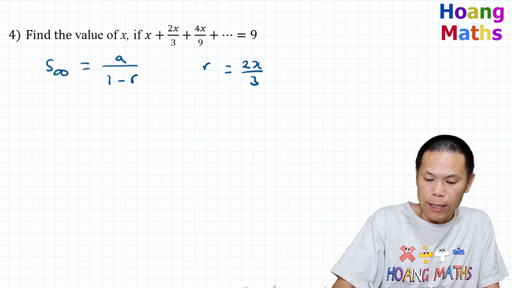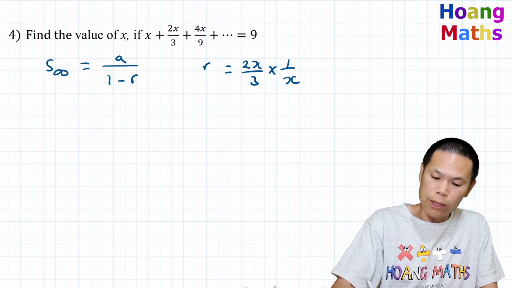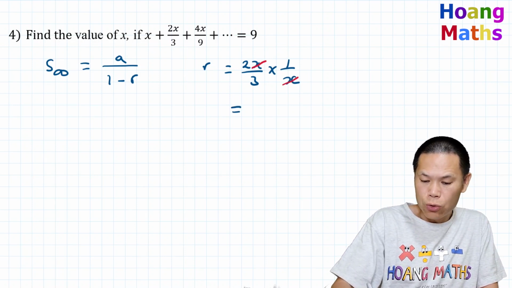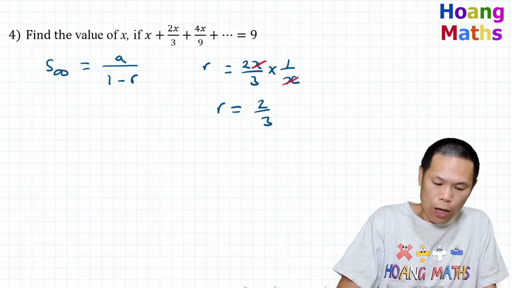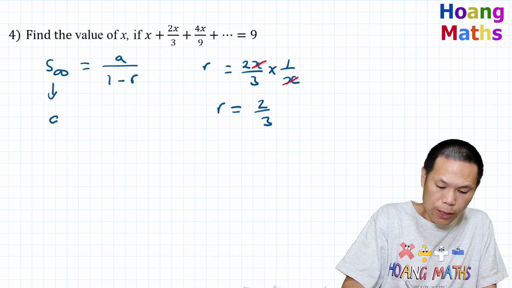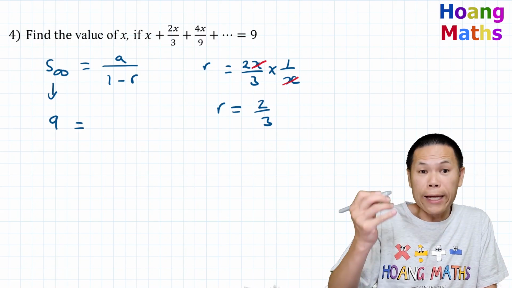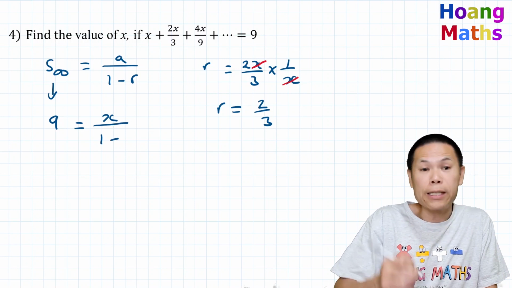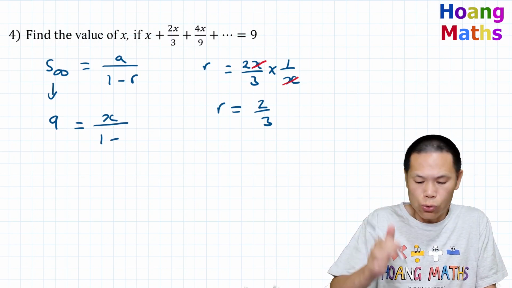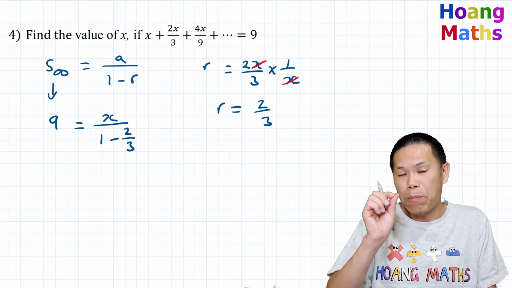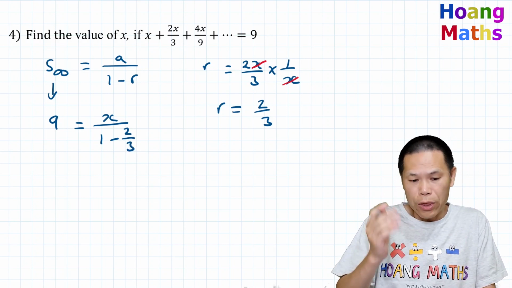Dividing by x is exactly the same as term 1 over x, if you like. So now we just cancel this x. So therefore, the answer is 2 over 3. So therefore, the sum to infinity is equal to 9. So 9 is equal to a, which is x, over 1 minus the common ratio, that is 2/3. So now 1 minus 2/3 will give me 1/3.